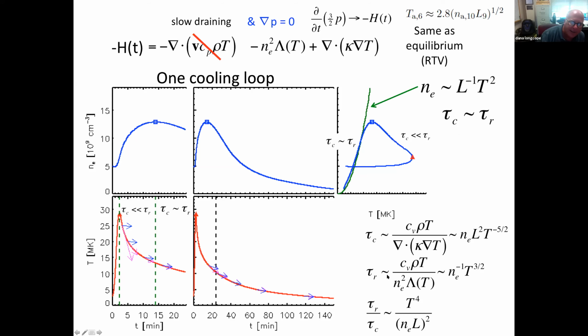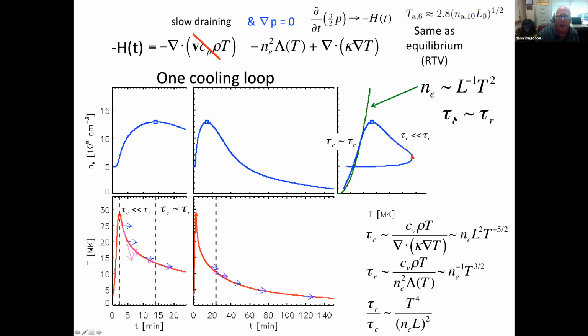So remember I said, boy, you don't think a flare should have the same scaling laws as an equilibrium loop. But now you see that it does, because an equilibrium loop is just a balance between radiative losses and thermal conduction. And as soon as the evaporation stops, those are the only two guys left. And that's going to dictate how the thing cools.